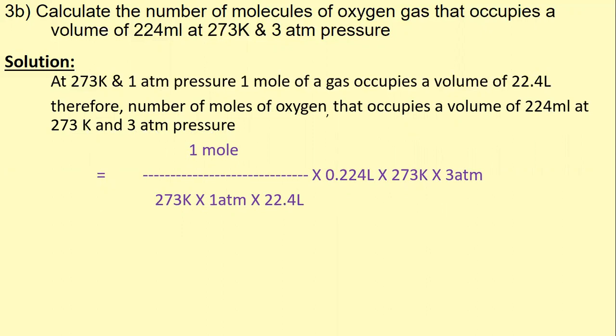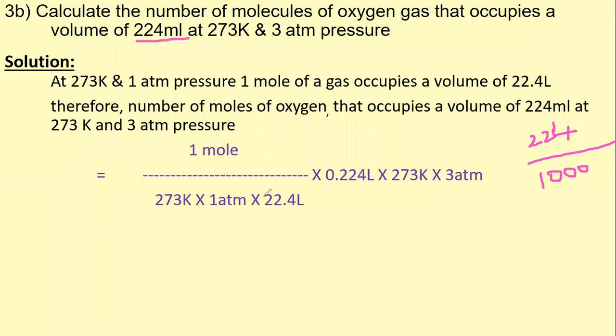By simplifying this, we will get the number of molecules for the concerned volume. So 1 mole divided by 273 Kelvin, 1 atmospheric pressure and 22.4 liter, into, here you see, in the question it is given 224 ml.